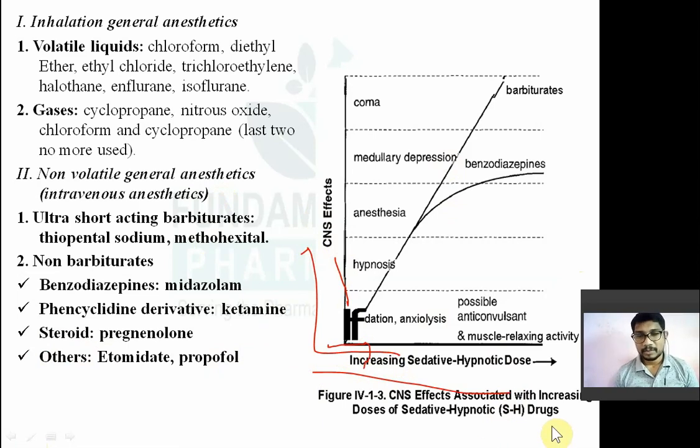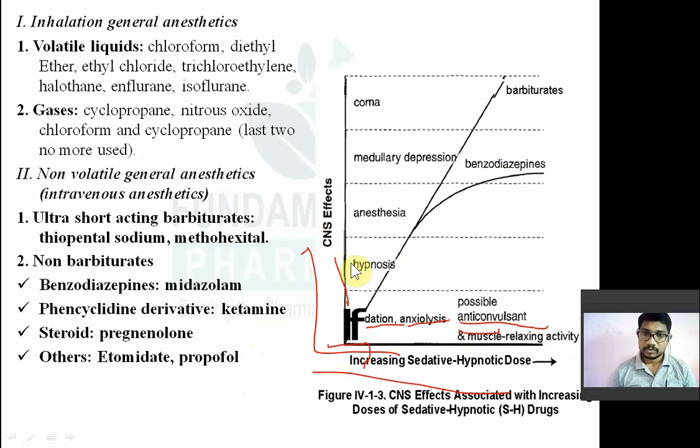In a lower dose it will act as a sedative. Increase the dose a little and it will act as an anxiolytic. Increase it still more and it can act as an anticonvulsant and muscle relaxant. So the same drug has different actions as the dose increases, particularly barbiturates and benzodiazepines.